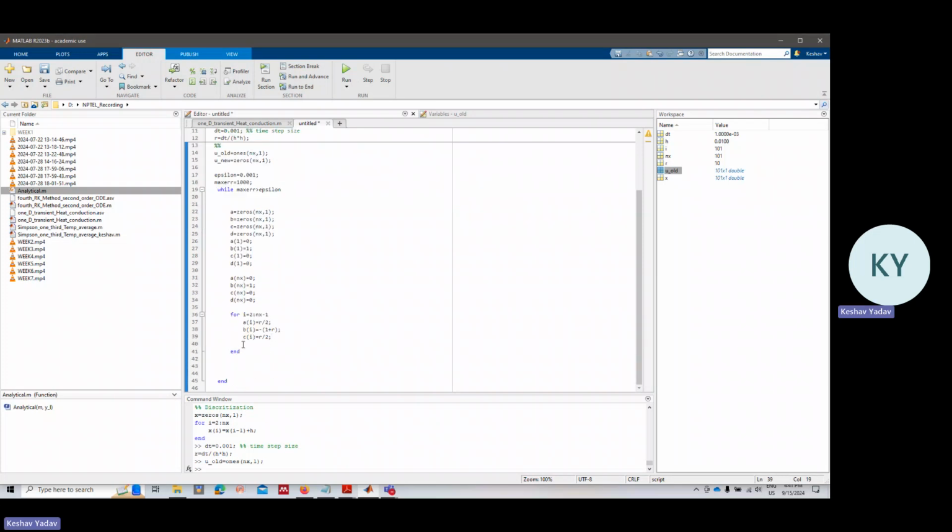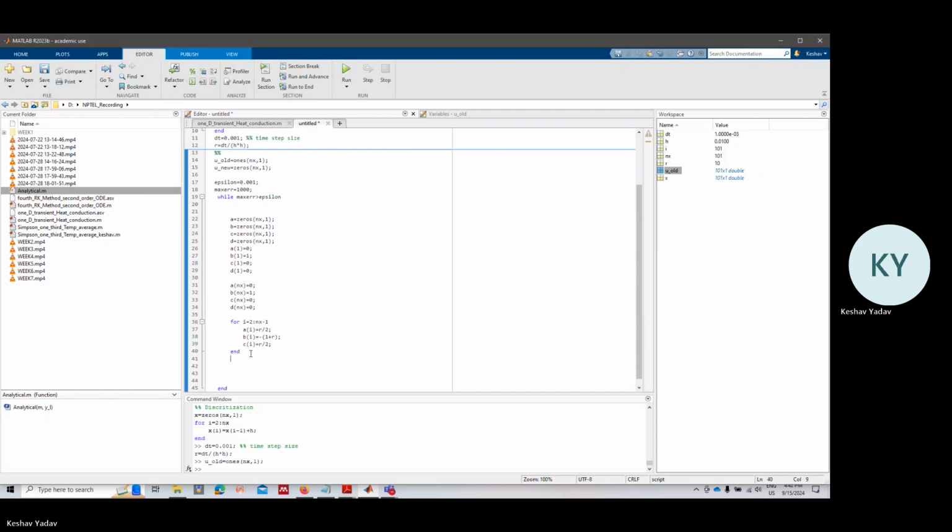Now I need to define d. To define d, I need to know the value of u. Why am I doing u new 0?